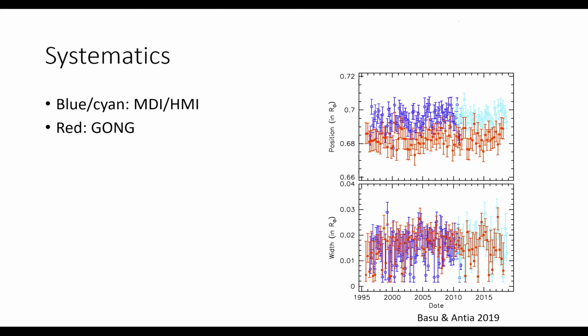But you can see, the blue and cyan are the space-based measurements from SOHO MDI and then SDO HMI, and the red ones are GONG, and there is a systematic offset that's statistically significant. So systematic effects are playing a role here, which is maybe not surprising if you've been looking at helioseismic results for any significant amount of time. But that is a problem that will need to be addressed.